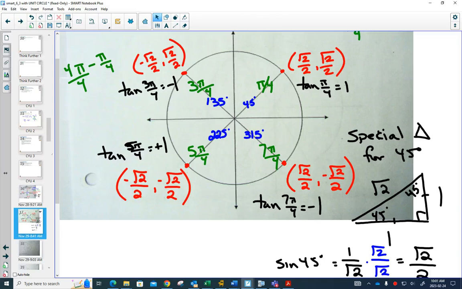James, who are you going to pick? Negative root 2 over 2. Okay, next we're going to do cos of 315 degrees. Addison. Positive square root 2 over 2. You guys catching this? Yeah? No? Okay. A little bit.